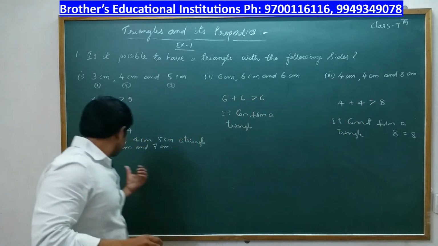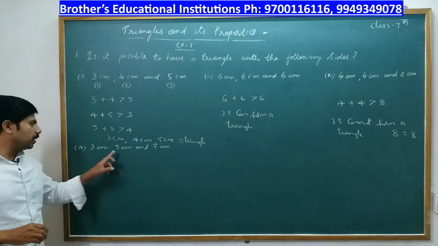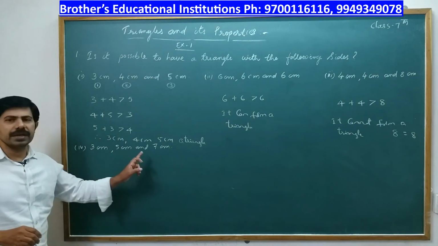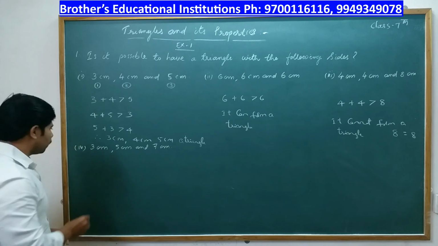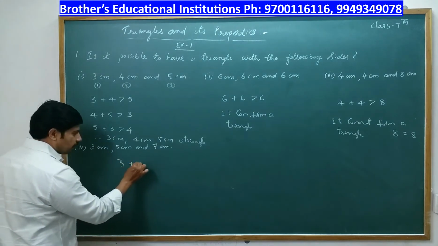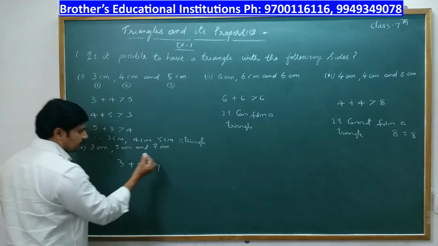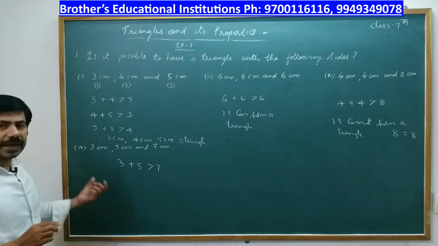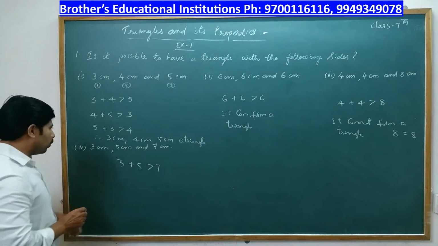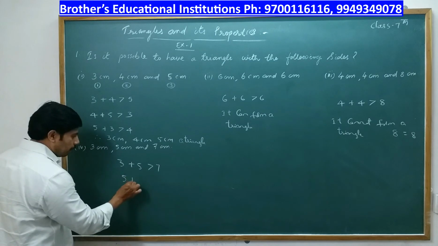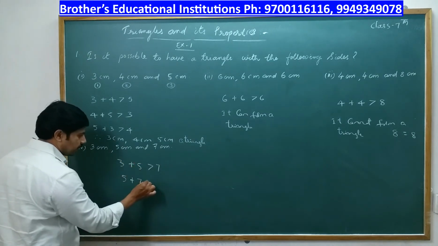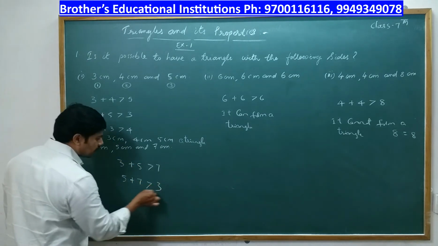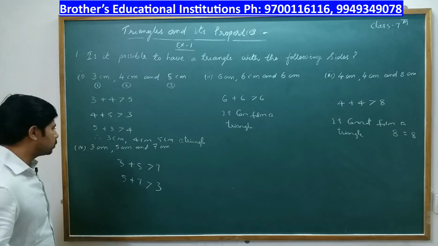Okay, so this is over. Now we'll see the next one. 3 centimeters, 5 centimeters and 7 centimeters. So here 3 plus 5 is greater than 7. It satisfies because 3 plus 5 is 8, 8 is greater than 7. Now the next one, 5 plus 7 is greater than 3. So 5 plus 7 is 12, 12 is greater than 3, it's satisfied.